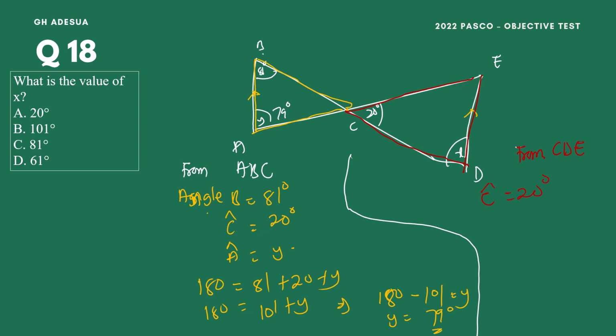Now for angle E, vertically opposite angles are equal. So we have 79 being for angle E, right?